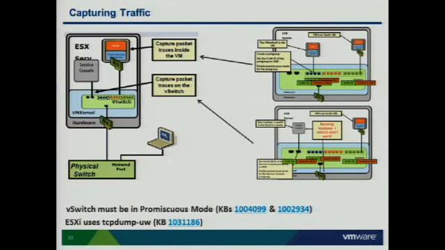And then on the ESX server side, or ESXi, we'll want to run tcpdump if you're using Classic, or use tcpdump-uw on ESXi. And keep in mind that right here, we're just looking at one host per se.